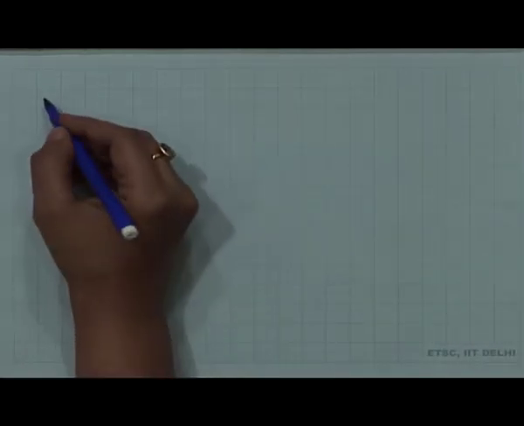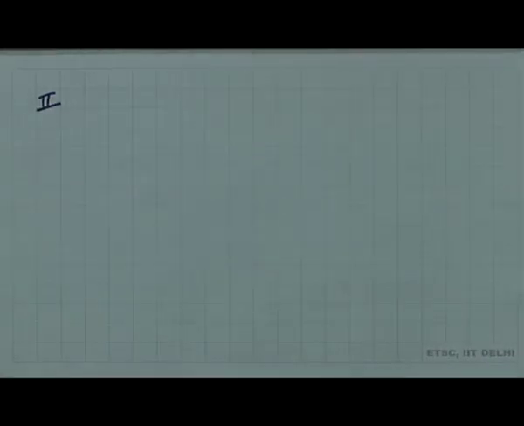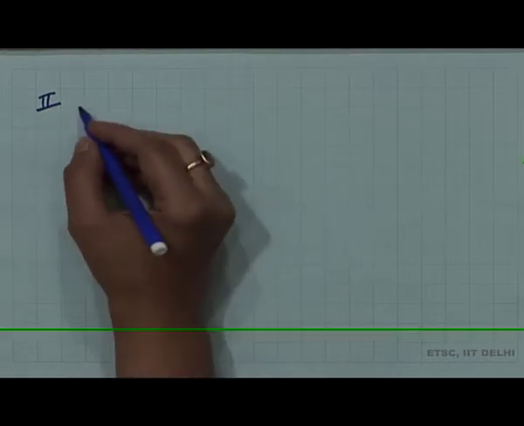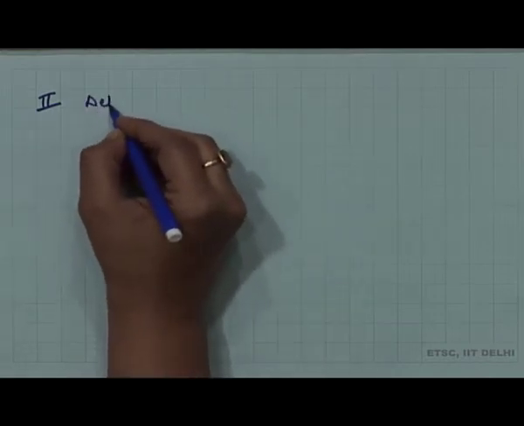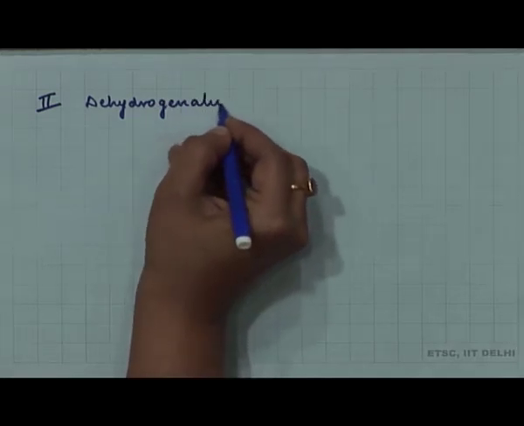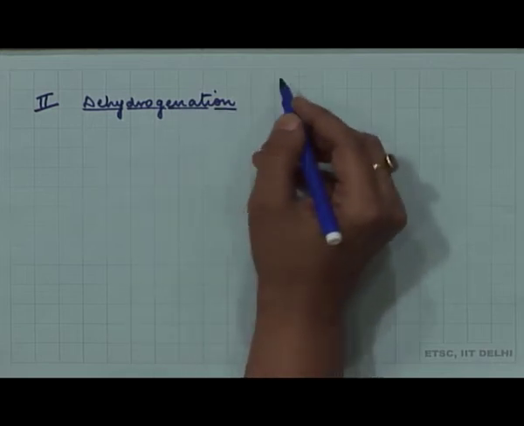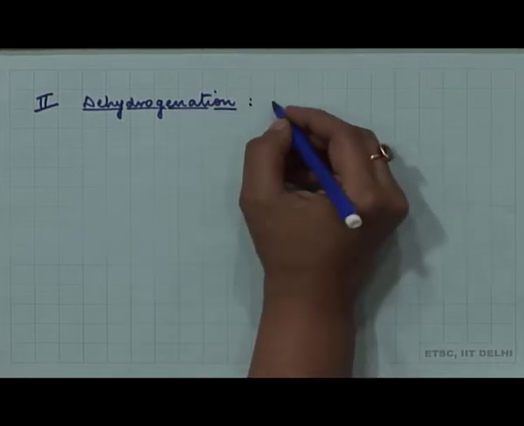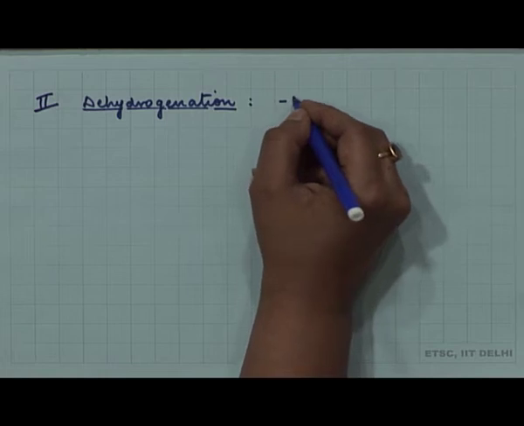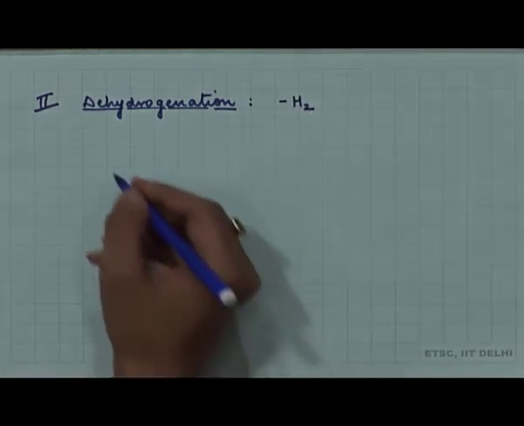So, after oxidation, the next reaction involving both the alkyl and the hydroxy group is the dehydrogenation of alcohols. We are talking about the dehydrogenation reaction of alcohols, which involves removal of a hydrogen. As the name says, you are removing a hydrogen molecule from the alcohol.